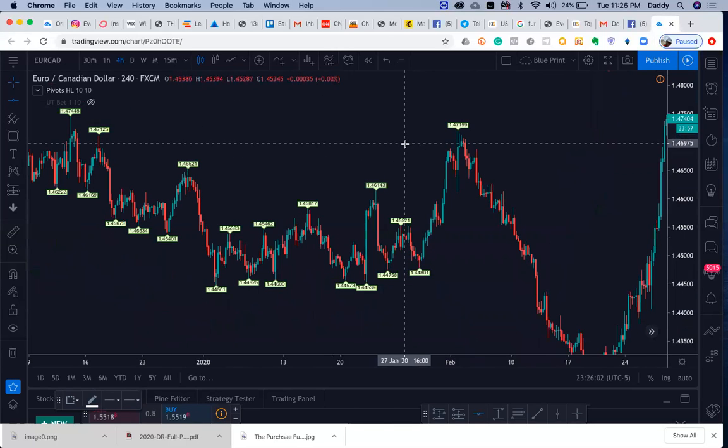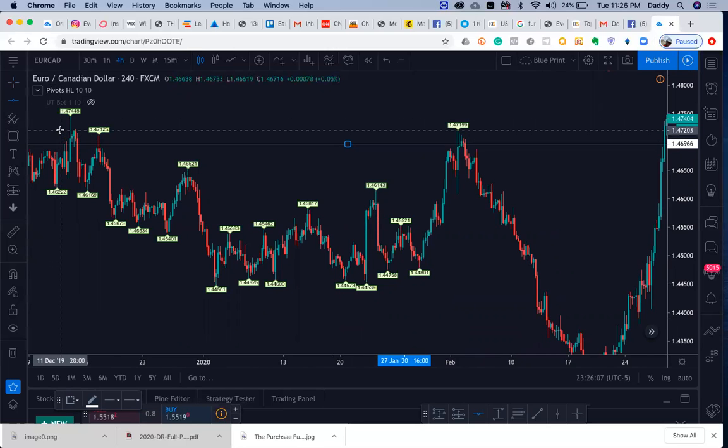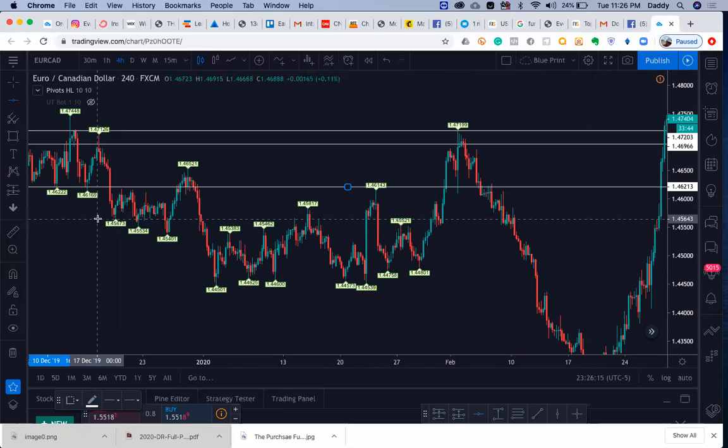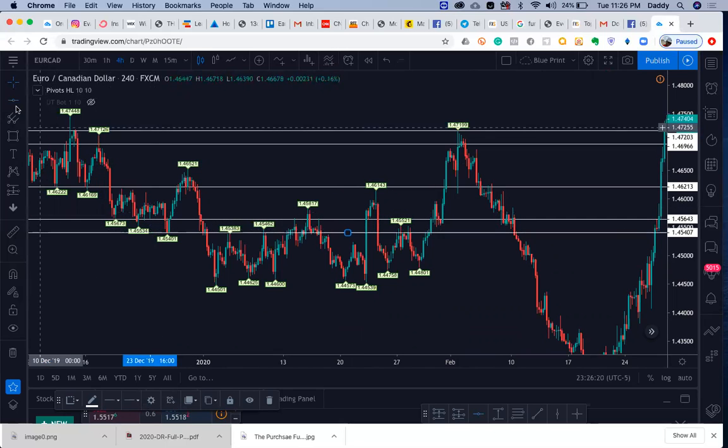Now when I come to mark up a chart, it takes me literally about 7 minutes to go through and mark it up.